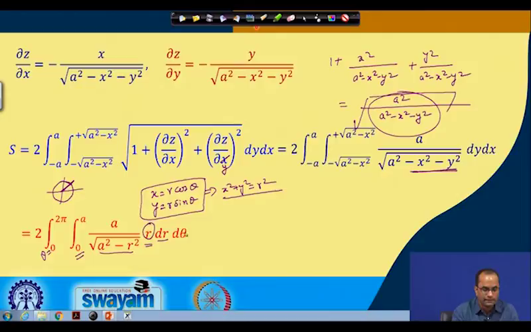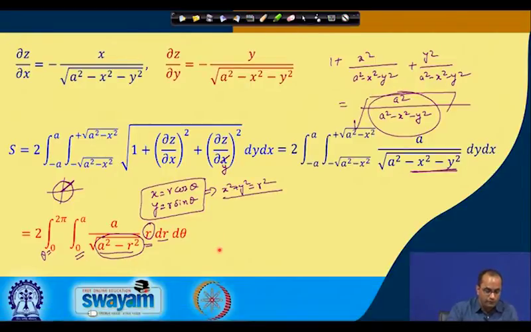So, we get r dr d theta with this integrand, and now it is easy to see because this r is sitting there and we have this r square term here. So, we can easily integrate now this integrand with respect to r. So, what we will get, because this power was minus half, so when we integrate this, minus half and plus 1.